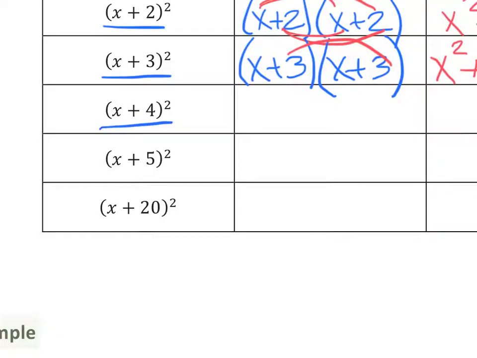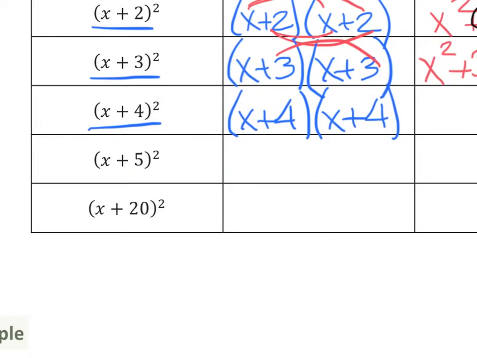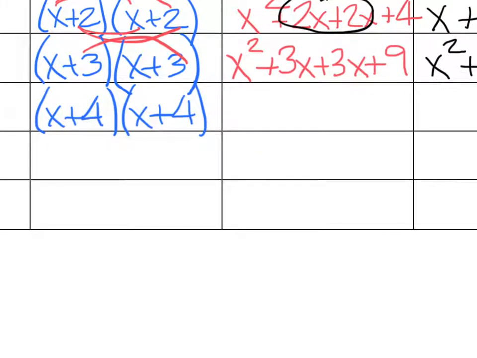Quantity squared of x plus 4. I want to write the factors out first. What do I write? x plus 4, x plus 4. When I multiply it out, what do I come up with? x squared plus 4x plus 4x, 16.